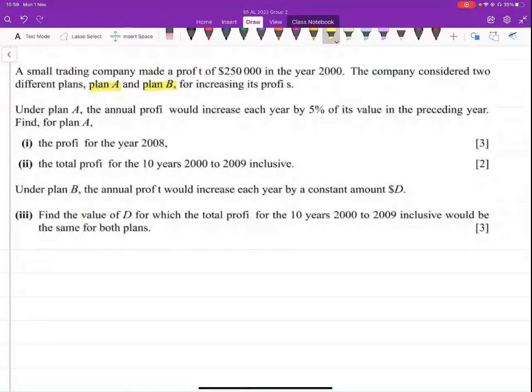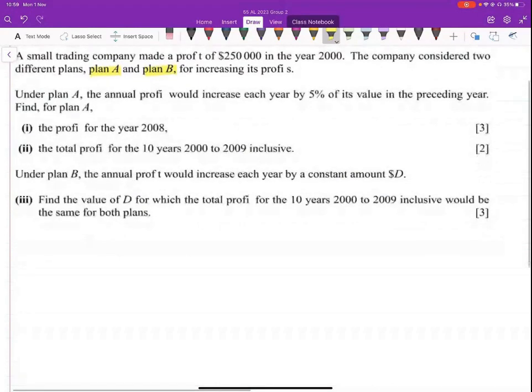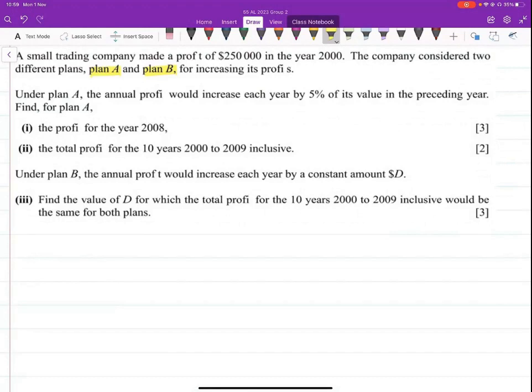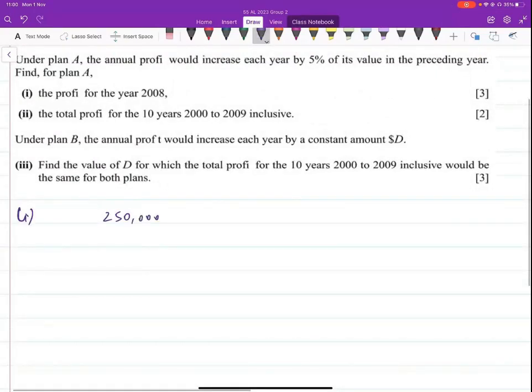So now we've got two plans for increasing the profits. Under Plan A, the profit would increase each year by 5% of its value in the preceding year. Now, what does that mean? If we are starting from 250,000, the profit in the year 2000, what would be the profit in the next year?